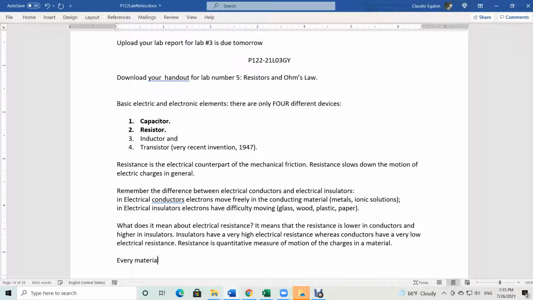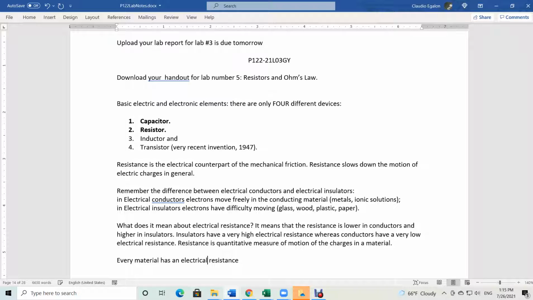Every material has a resistance. Keep that in mind. My metal key has less resistance than my plastic water bottle. Every material has an electrical resistance.